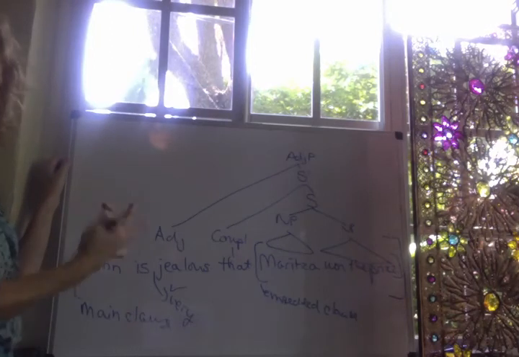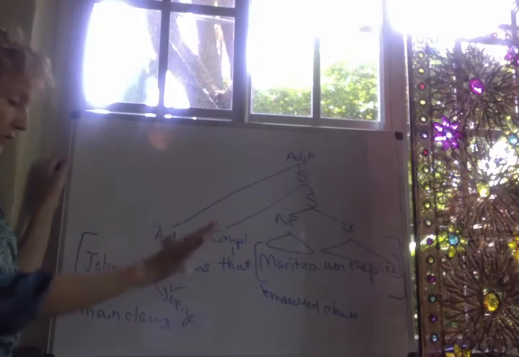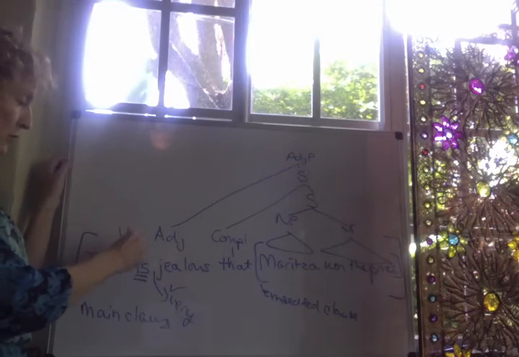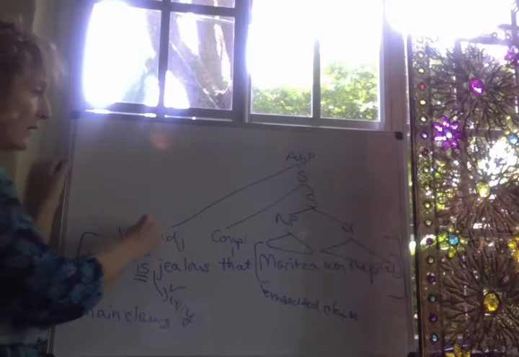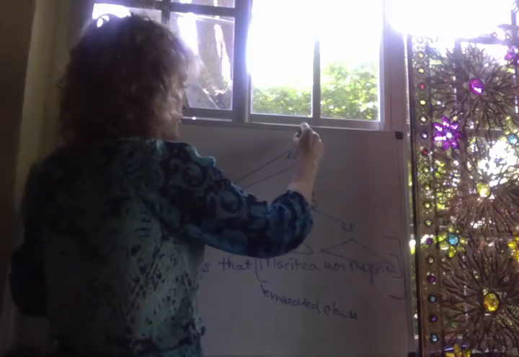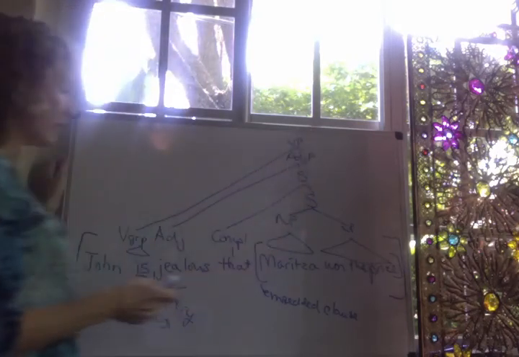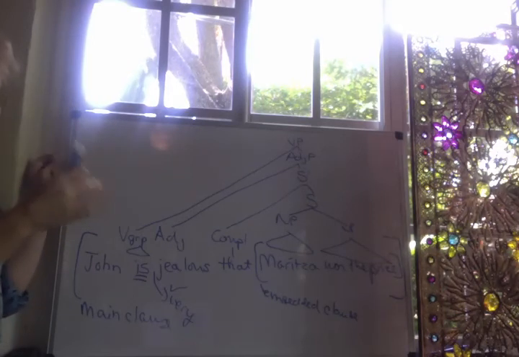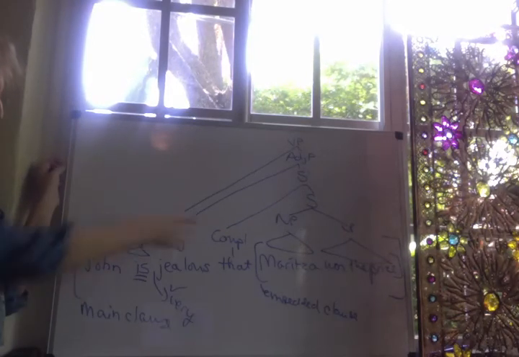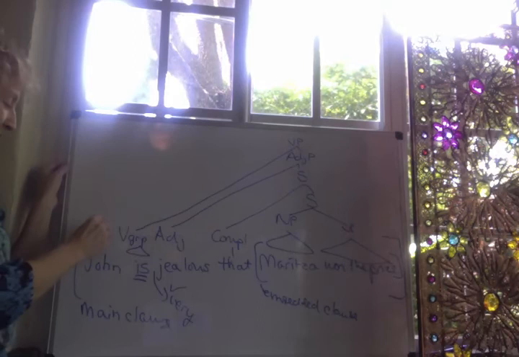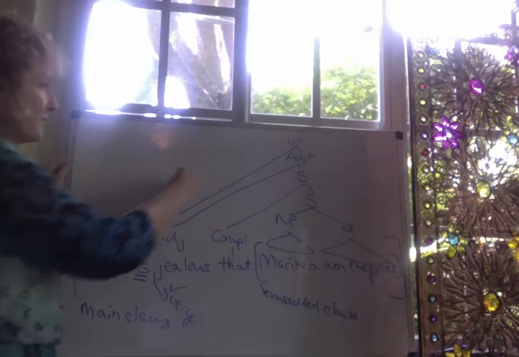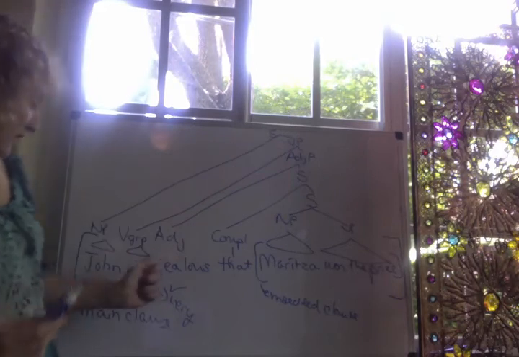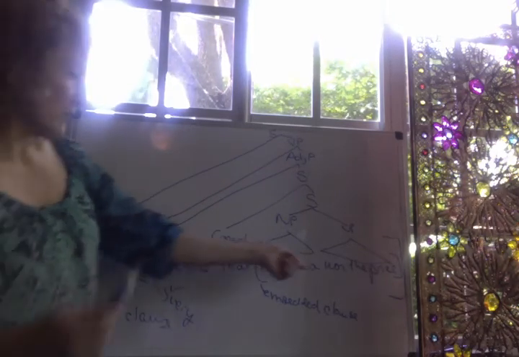Then is the complete verb group. These are all of the verbs that we have here. It's just a single one, is. So your verb group is going to be is, and it's taking the adjective phrase as its complement. I have very little space here, but just enough to provide the structure of the sentence where John is the subject of the whole clause, forming the main clause with is jealous that Maritza won the prize.